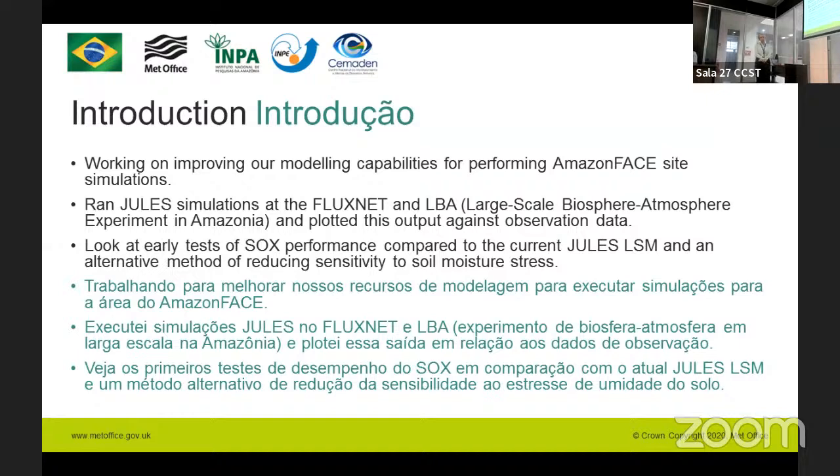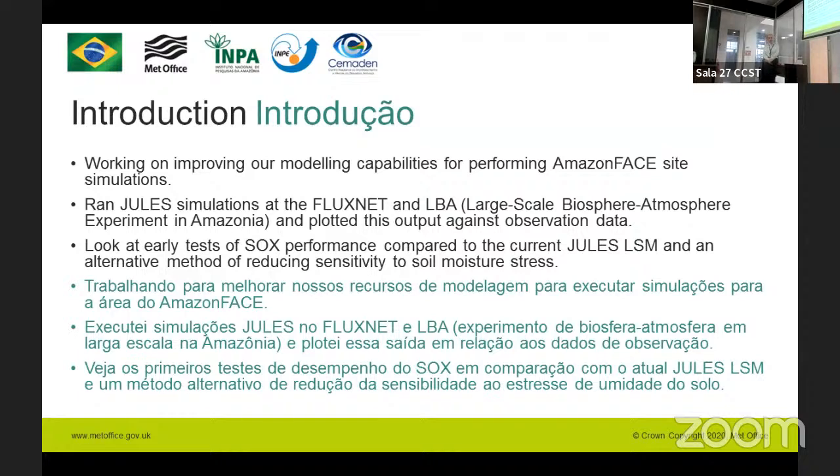So I've been working on improving Jules modeling capabilities for performing Amazon base site simulations, and then running these simulations with the improved capabilities at the FluxNet LBA sites and plotting the outputs against observation.